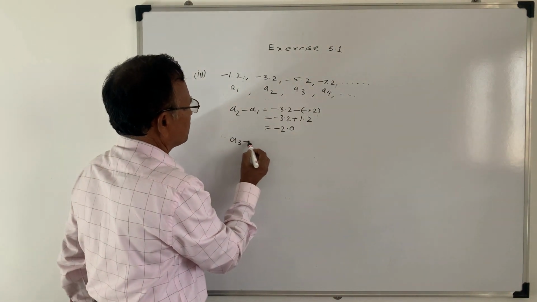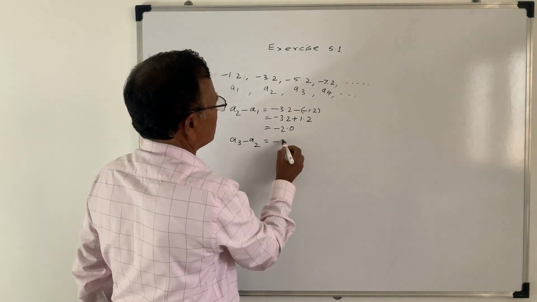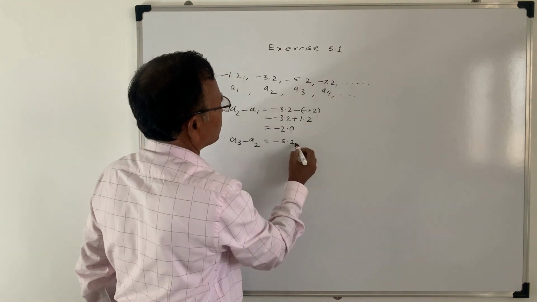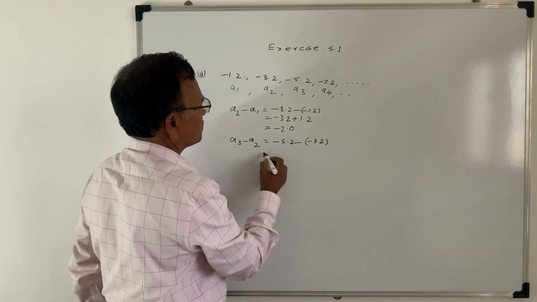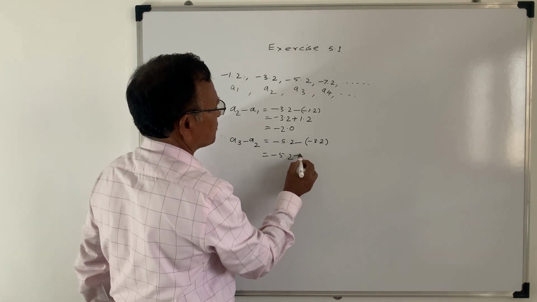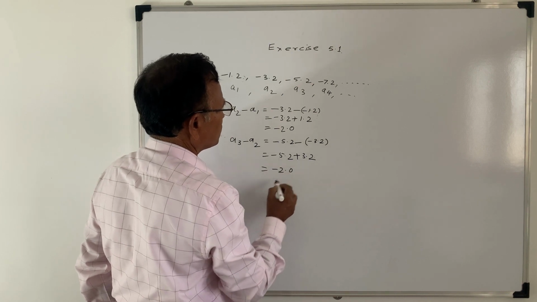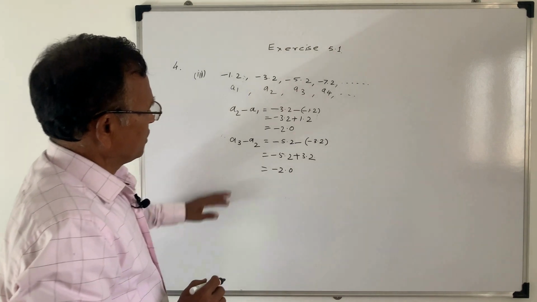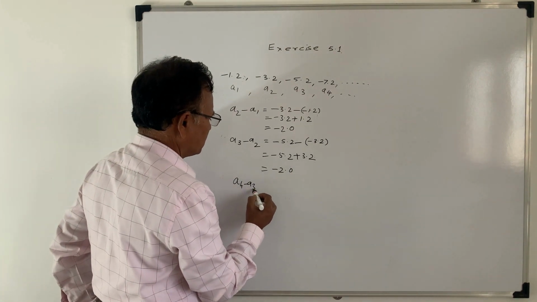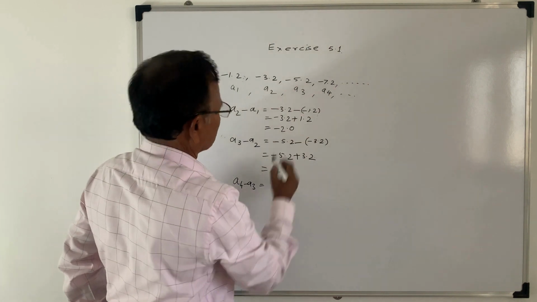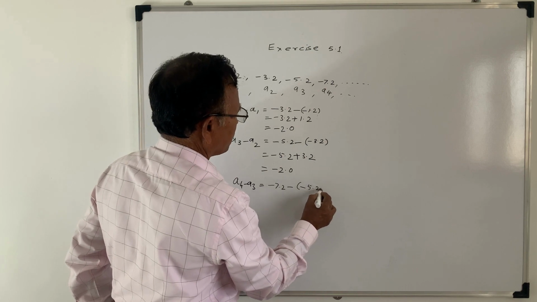A3 minus A2, this is how you calculate, you find out -5.2 minus of -3.2, so that is plus 3.2, that is also -2. So here you can also write A4 minus A3. A4 is -7.2 minus of -5.2.